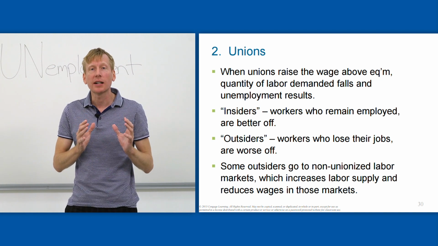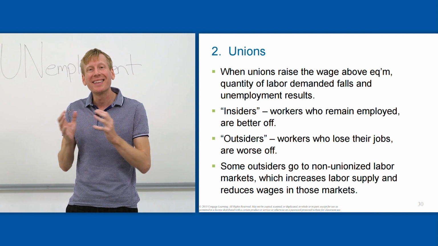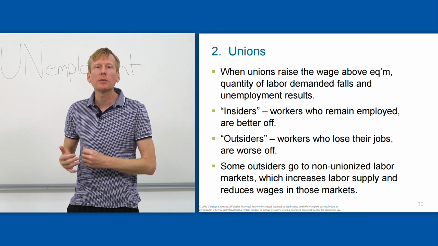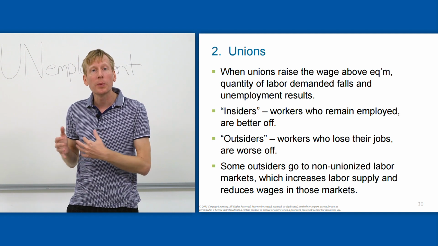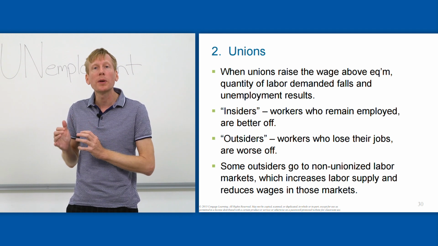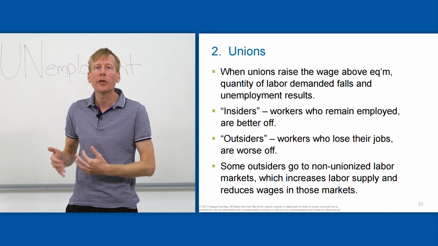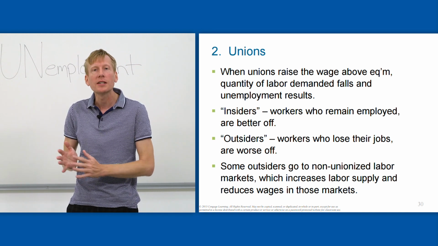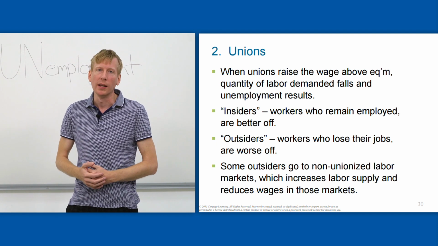Say, if large sectors of the economy are unionized, creating a large insider group, the outsider group will actually in some cases be worse off. Because they can't find jobs in these insider professions, there are more people looking for those jobs in outsider professions than there otherwise would have been. Increase in the labor supply in those professions means a lower equilibrium wage.